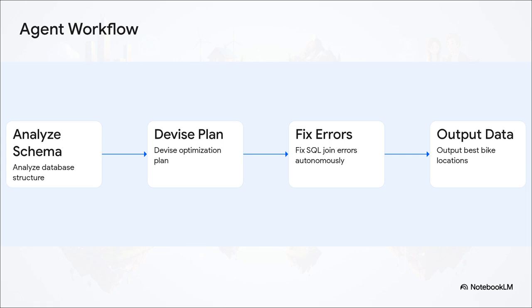So you just ask your local agent, hey, help me optimize revenue. The model analyzes the schema, writes SQL queries to find bike locations, and if it makes a syntax error, and let's be honest, we've all bungled an SQL join before, it reads the error and fixes its own SQL code automatically, no human intervention. This is exactly how you masterfully integrate local models with cloud-based BigQuery services.